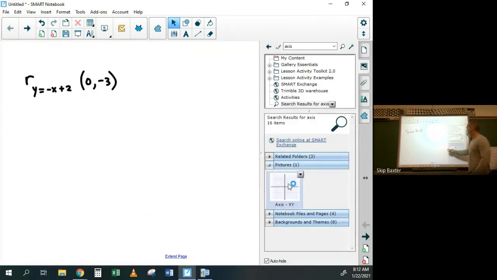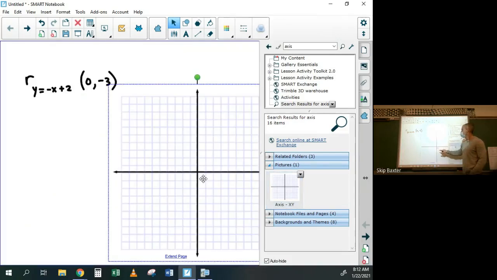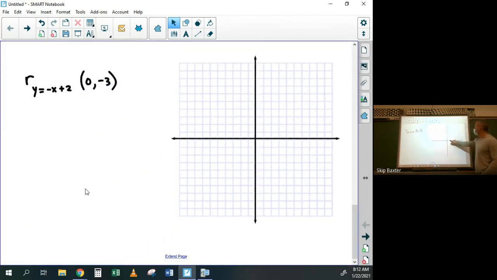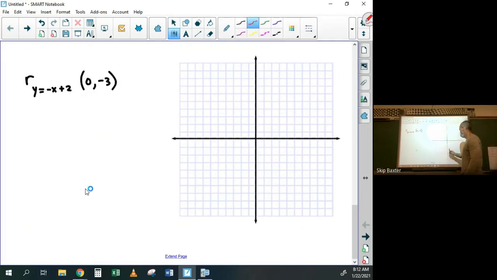So I got some graph paper. Here, I'm going to graph the point 0, -3, right here. Now I need to graph the line y equals -x plus 2.